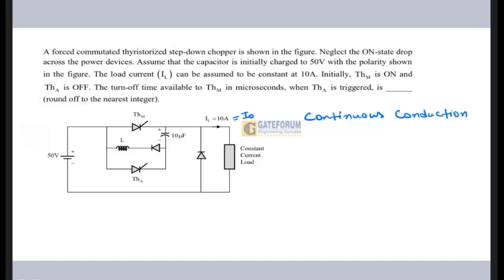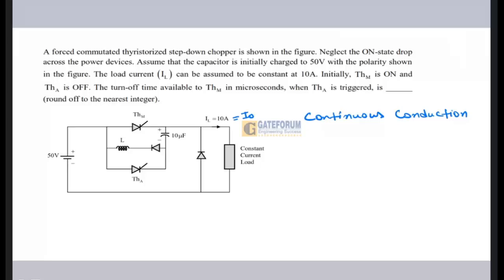Then they are asking that the main thyristor is on and the auxiliary thyristor is off. They have asked for the circuit turn off time in microsecond.